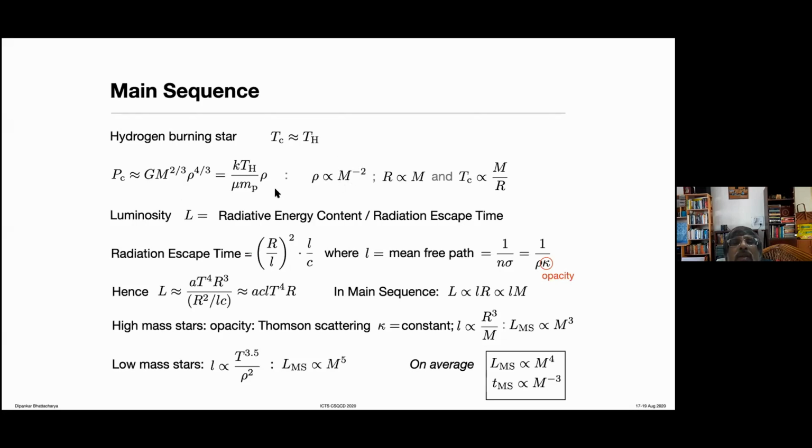So you get rho to the power of -1/3 on this side and m to the power of 2/3 on that side. So you get 1 by m squared. So this is interesting. So the more dense the star is, the smaller is its mass. Or the smaller the mass of the star, the lower is the central density.